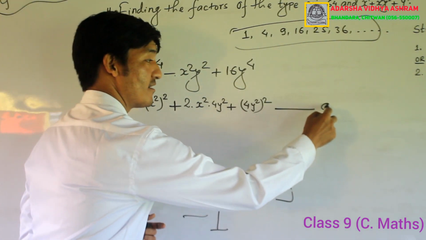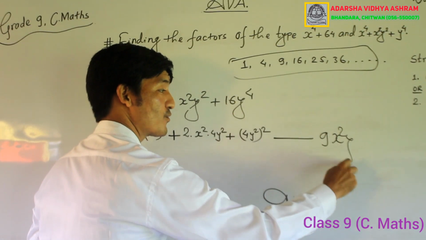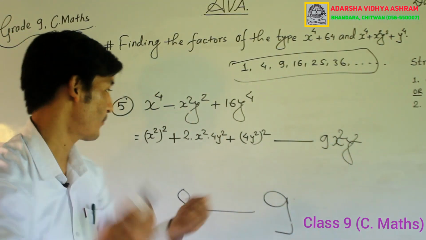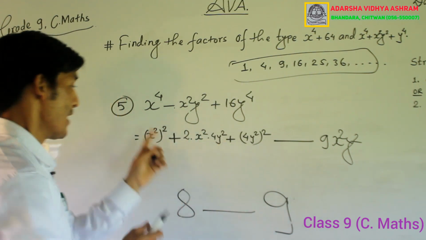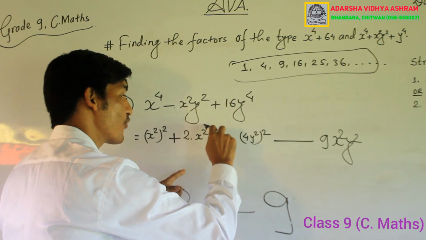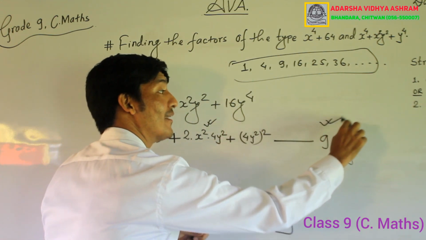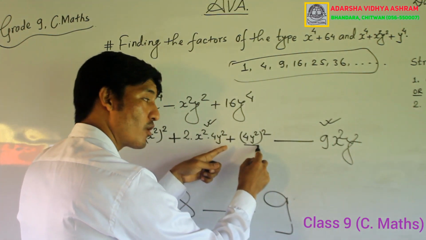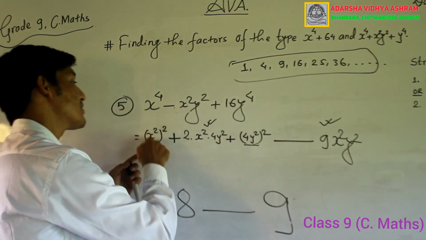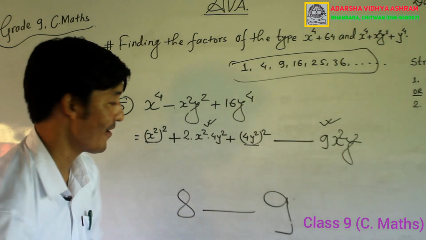So here is 9x square y square. x square y square is only the like term. Now you can see 8 minus 9 is minus 1, because our focus point is this and this only, and we do not focus on this one, because these two have already been fulfilled.